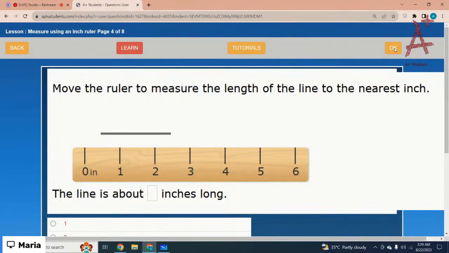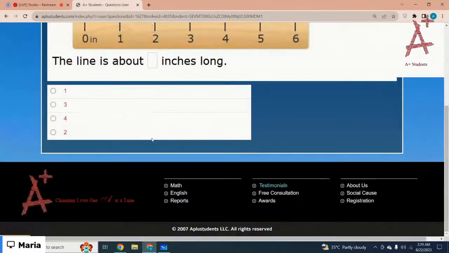The line is about dash inches long. It would be just 2 inches long, right? If you align the line with the ruler, you match the left end with 0, it would be just 2 inches long. The correct option is 2.